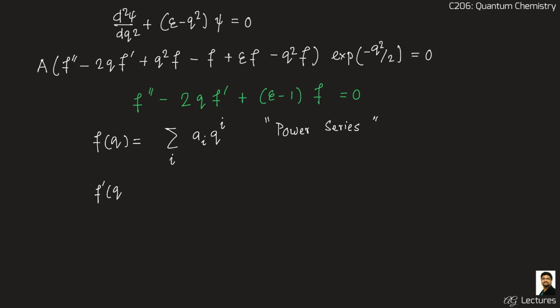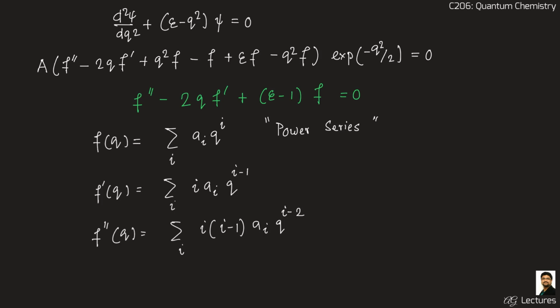This is the first derivative, f prime, which is the summation over i, where the i comes down, of a_i q to the power i minus 1, and the double derivative is going to be the summation over i times i minus 1, this time a_i q to the i minus 2.